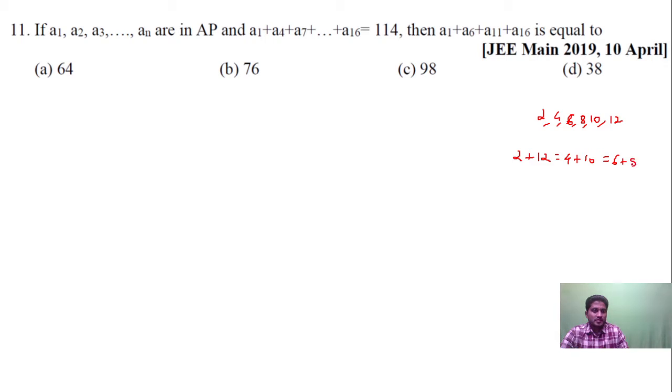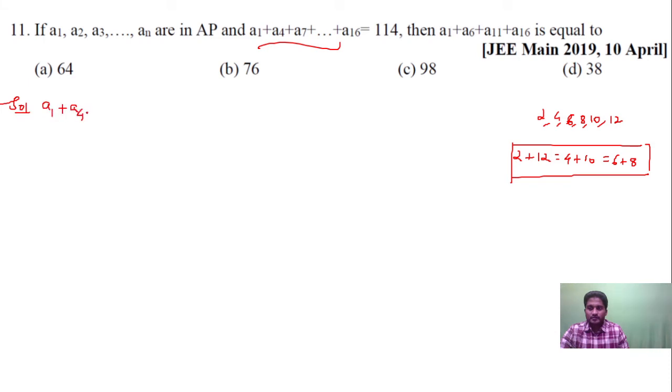The sums of terms equidistant from the beginning and end are the same. Now I can write these terms as a1 plus a4 plus a7. Obviously the next term will be a10. The difference is 3, right? a13 plus a16 is equal to 114.